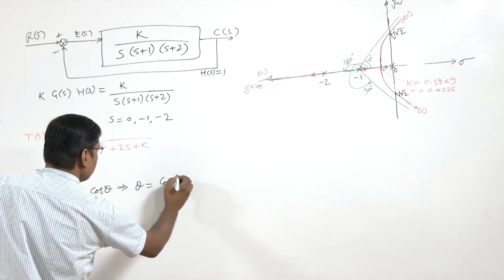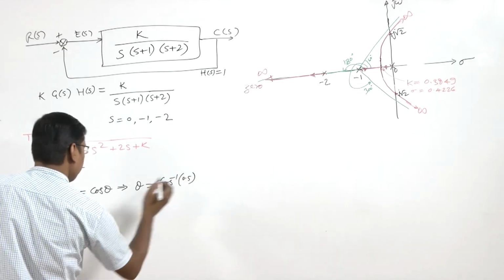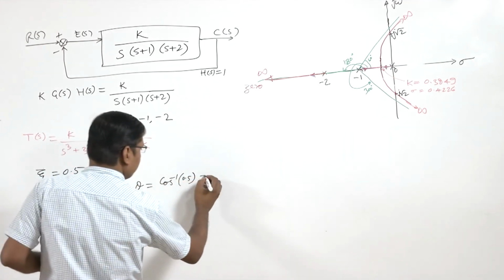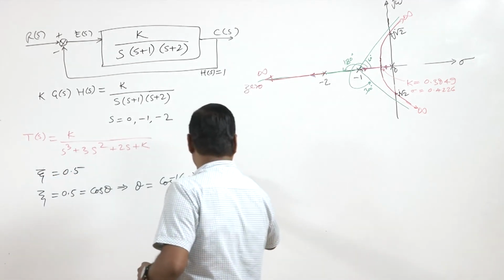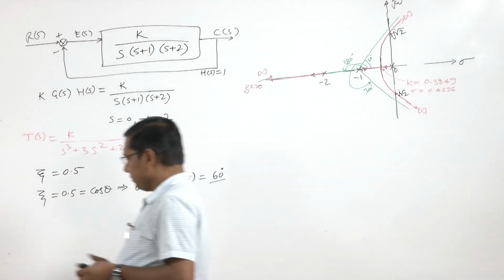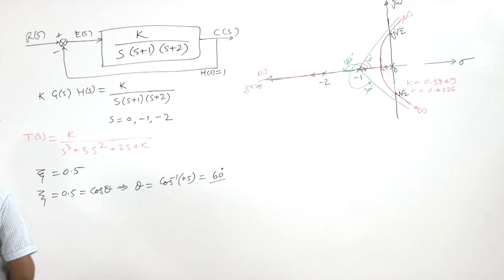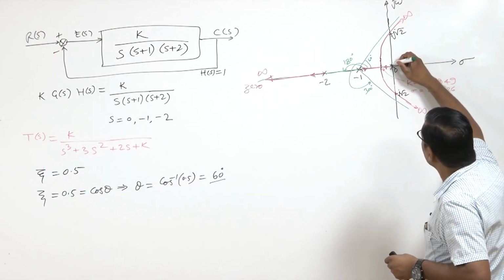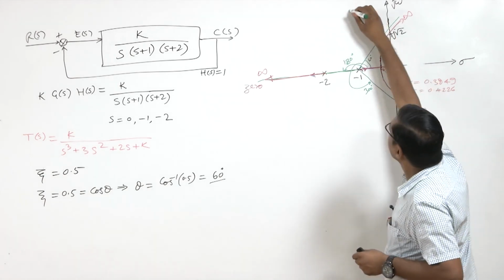So we get theta equal to cos inverse 0.5, and we get 60 degree, that is plus minus 60 degree. So theta equal to 60 degree is this line.